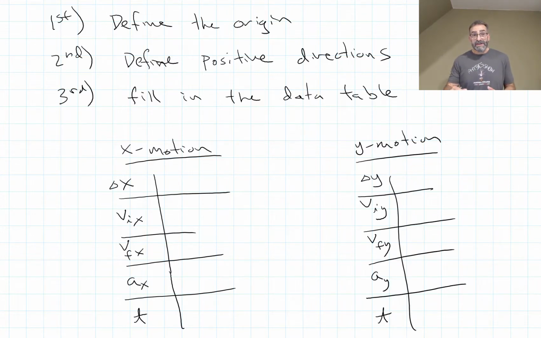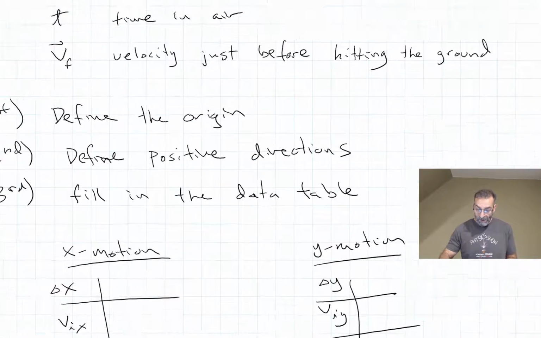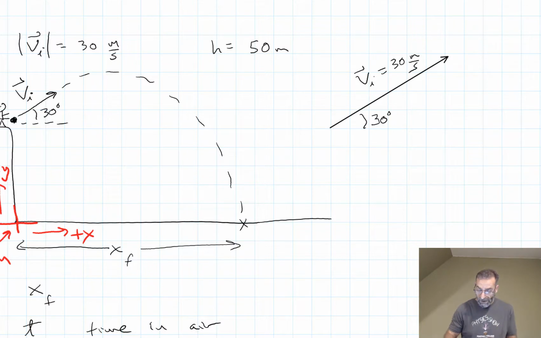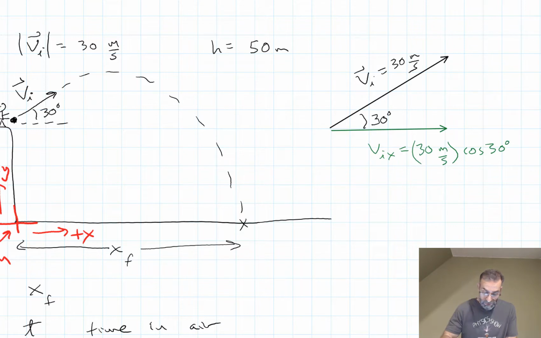We were given information about the initial velocity. And the initial velocity looks something like this. I'm going to expand it a little bit. And it's at a 30-degree angle with respect to the horizontal. So we could break this up into an x component, which is going to be 30 cosine 30 degrees, and a y component, 30 sine 30 degrees.